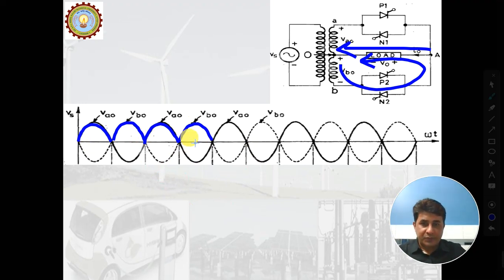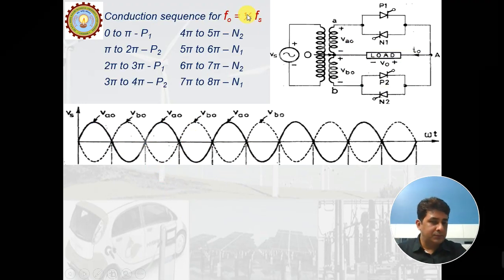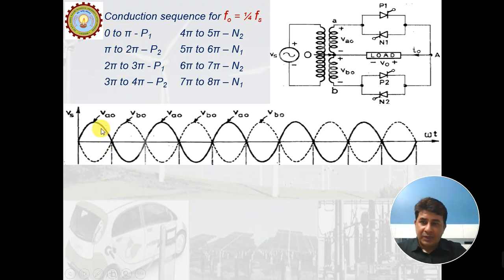Now suppose the frequency is to be reduced to 1/4. Then what I can do is, from 0 to pi, from this point to this point, I'll fire P1, then P2, then P1, then P2.